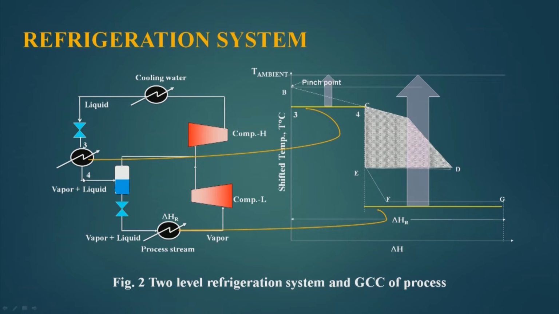Then liquid and vapor go here, the vapor is separated out here, the liquid comes here, again it is expanded, the pressure goes down, and a still lower temperature level is created in this evaporator, which is this temperature level.